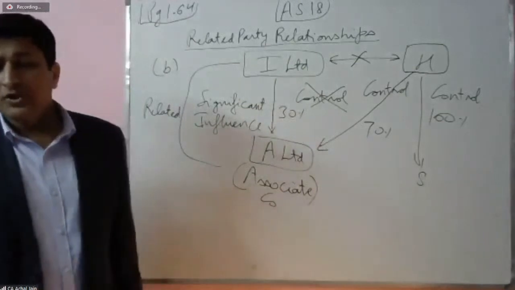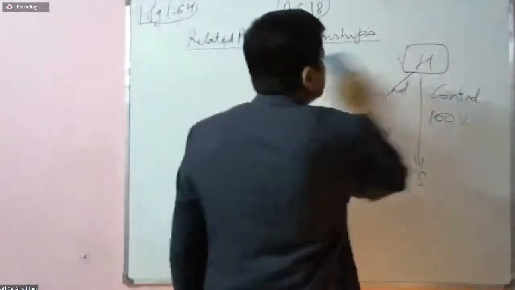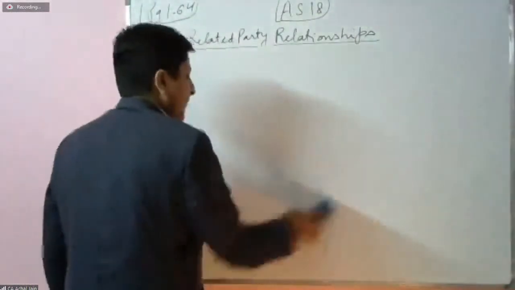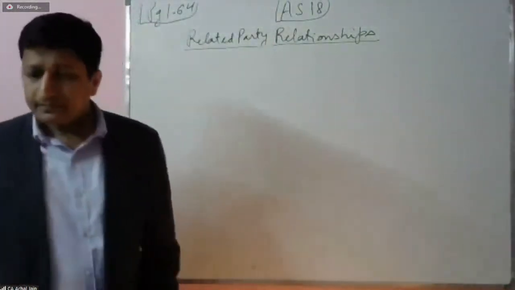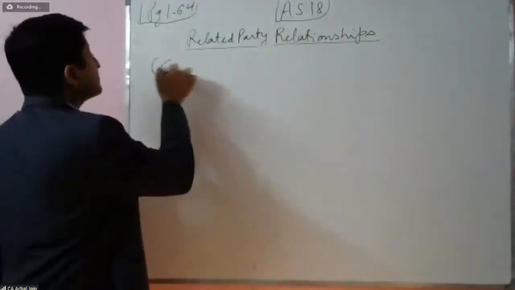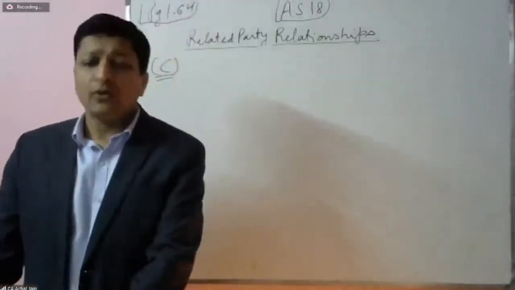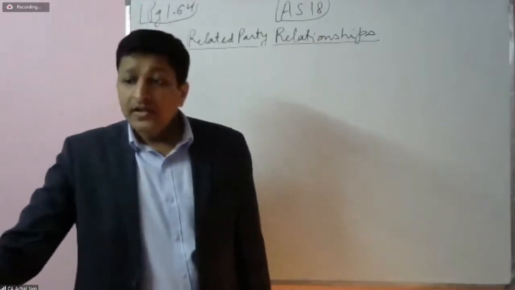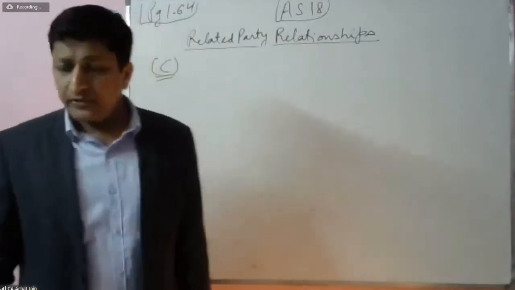Now moving on to situation number C. It says, individuals owning directly or indirectly an interest in the voting power of reporting enterprise that gives them control or significant influence and the relatives of any such individual.